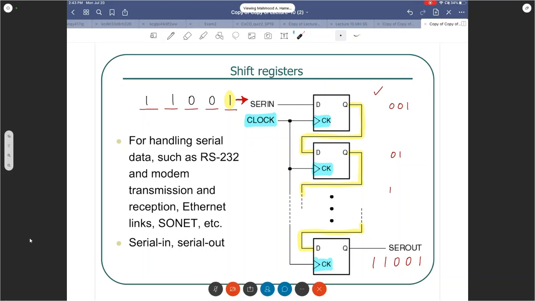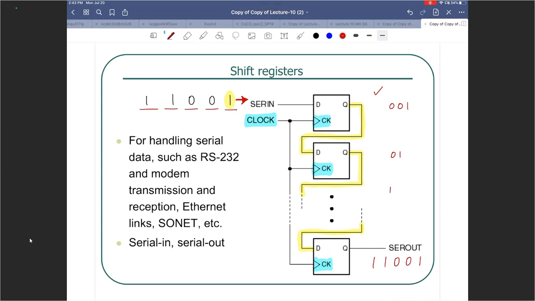Also called serial in, serial out, or serial load and serial access, right? We are reading things serially here, we are writing things serially there.